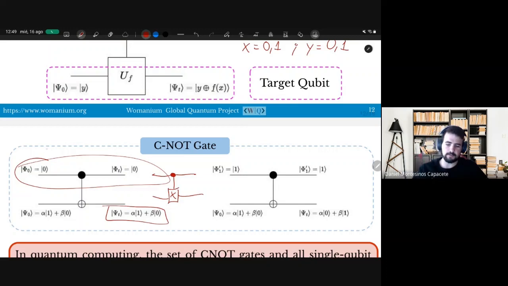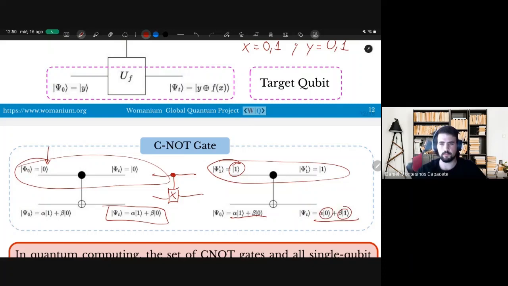If we have the 0 state, you don't do anything to the target qubit, but if your control qubit is in the state 1, it is going to perform the NOT operation, right? And you can see here, we have this initial state, and now we have the corresponding final state after you have applied the X operator, right?